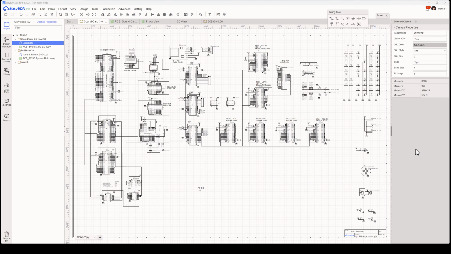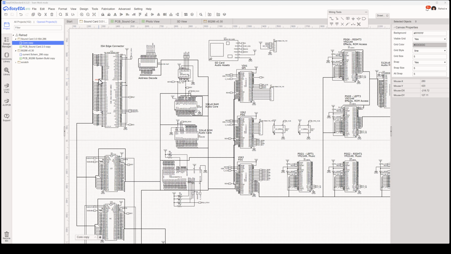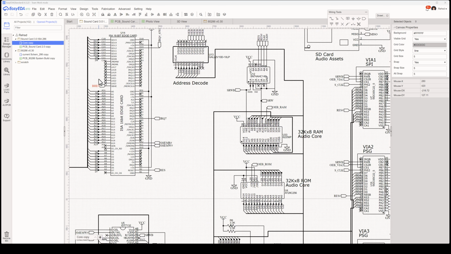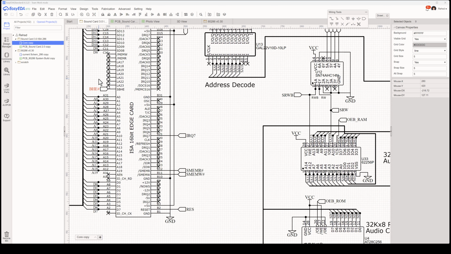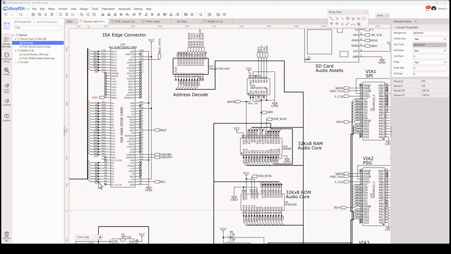And so here you see the schematic of my sound card currently. Maybe if I start in the upper left, I have my ISA slot here. If I look at the signals that I'm leveraging on this sound card, I need to use all the data lines. So I have 8 data lines here, plus the other 8 data lines.